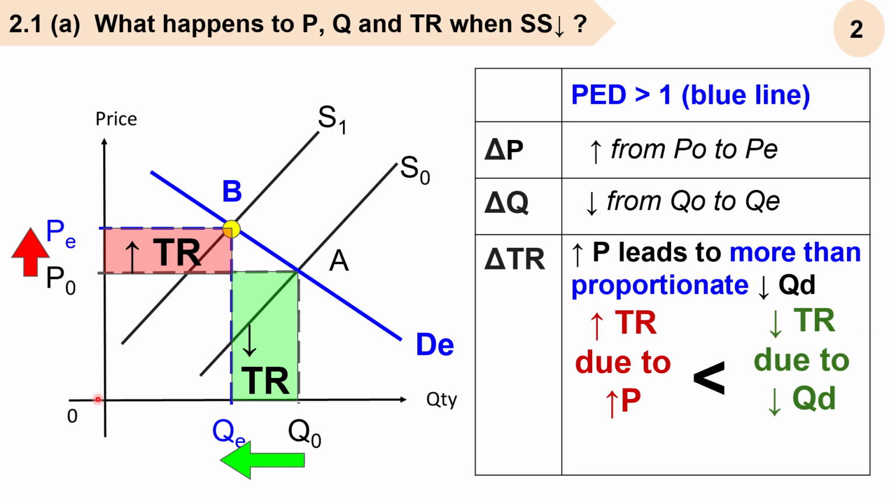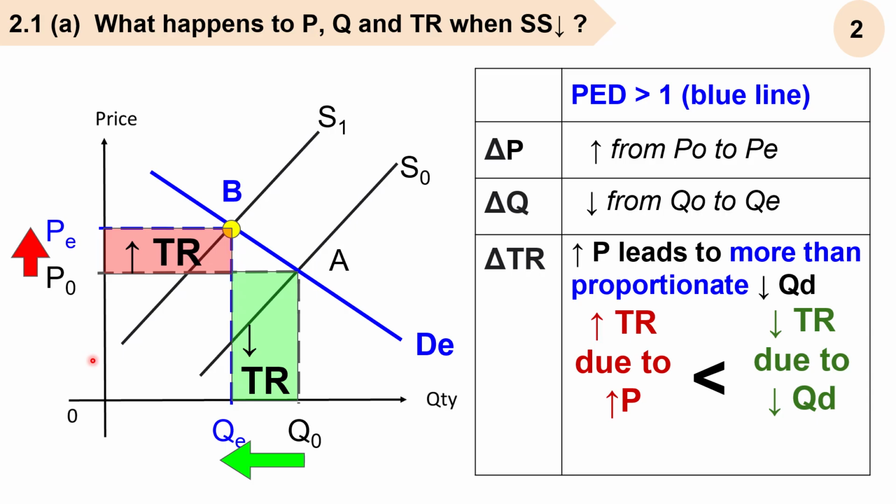How is my initial total revenue? What is the rectangle? Initial total revenue. P0 times Q0. So you're referring to a rectangle 0, P0, A, and Q0. Correct, right? Then what's the final total revenue?